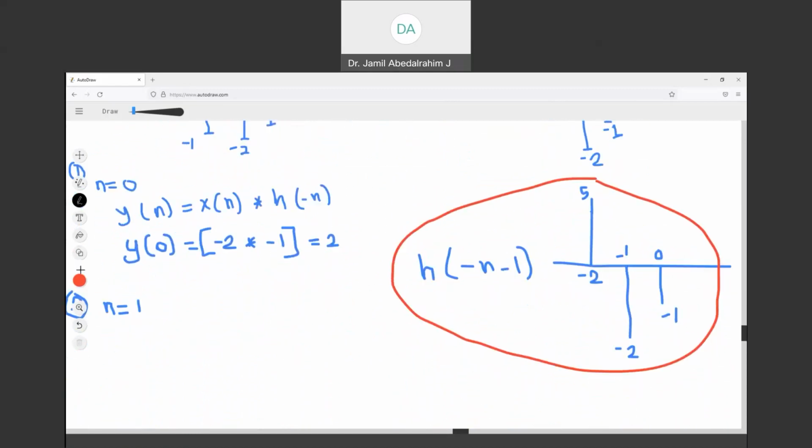So it will become y of 1 equal x of n multiplied by h of negative n minus 1.